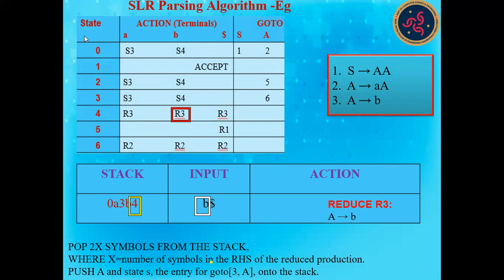You have to pop two symbols from the stack, and you need to push something. What is the symbol that has to be pushed? You have to push the left hand side of this production, that is capital A. So here B and 4 will be popped, and we have to push capital A to the stack.